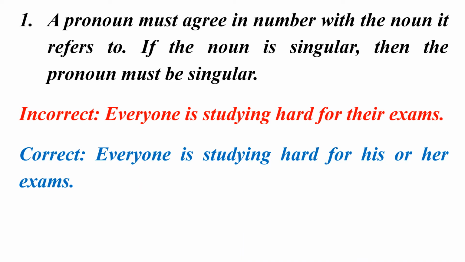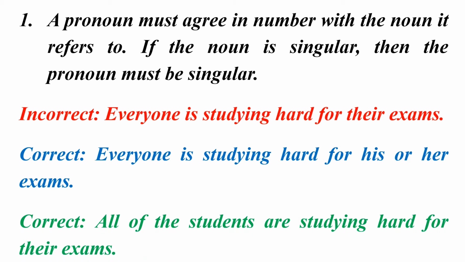If we want the correct version, we can say: Everyone is studying hard for his or her exams. Because I mentioned earlier that in a sentence where we use every or each, we must use his or her, not their. Another sentence can be: All of the students are studying hard for their exams.